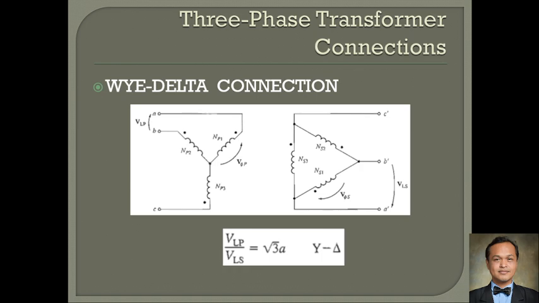So there's a difference of about the square root of 3. And also remember, if you're going to calculate this Y-delta connection, that in a three-phase system, line voltage and phase voltage are different.